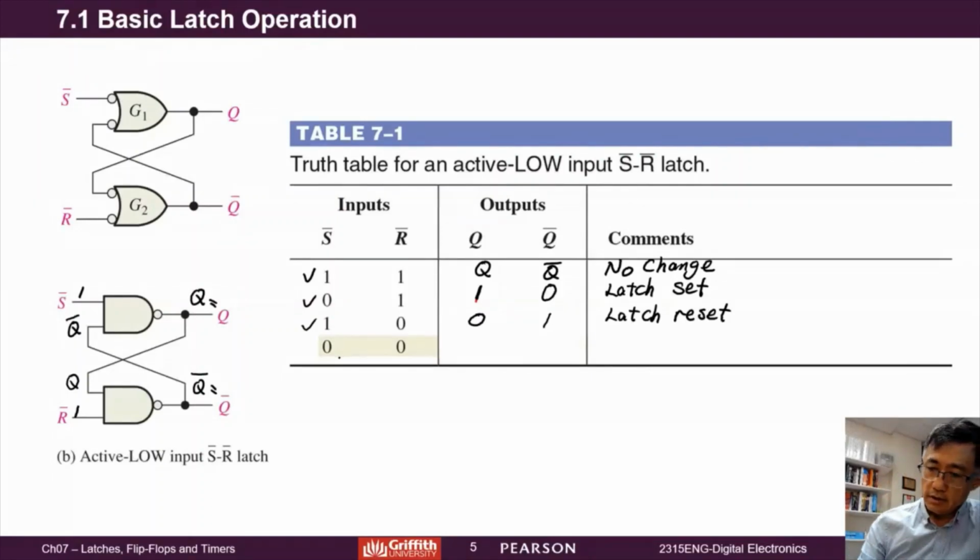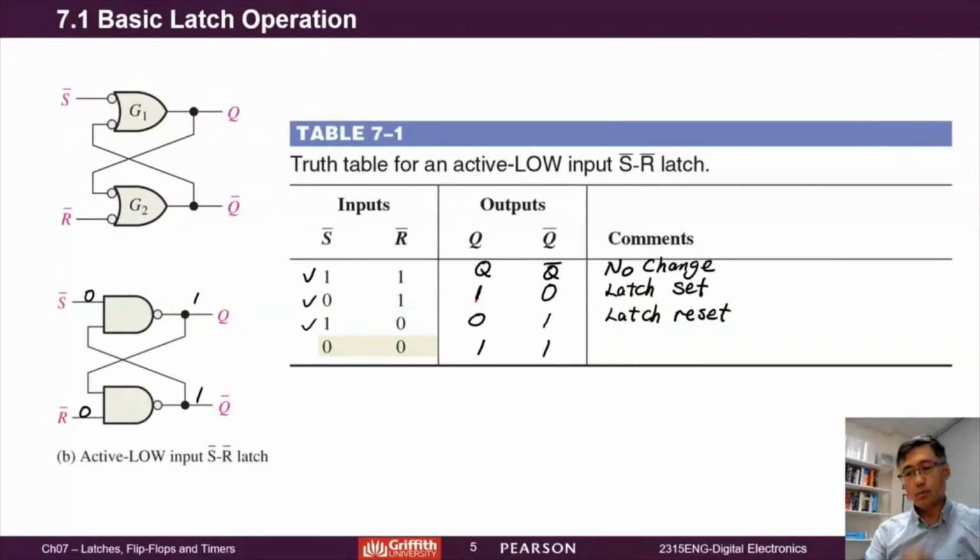Okay. Another one is a little bit tricky, 0, 0. Actually, 0, 0 is causing some problem. It's what we don't want to see. Okay. So let's see, if here is 0, it doesn't matter what the information here is, the output will be 1, right? If here is 0, okay, it doesn't matter what the information here is, the output will be 1. So output should be always 1.